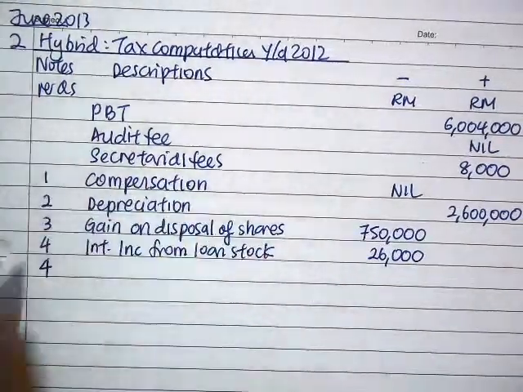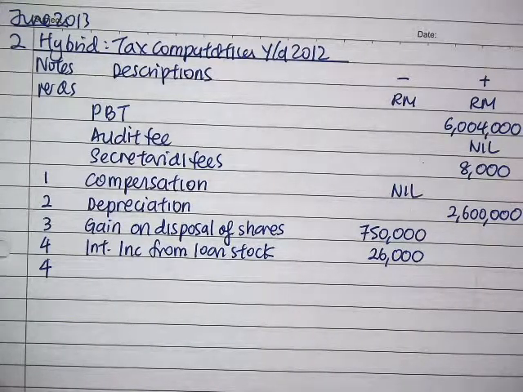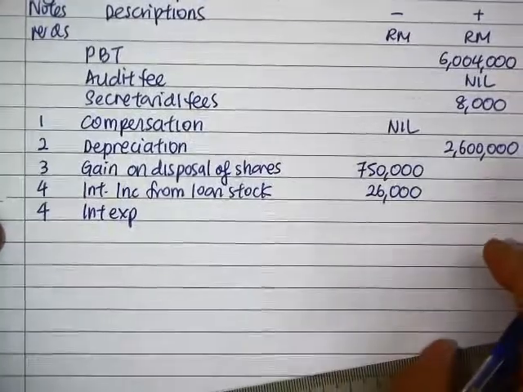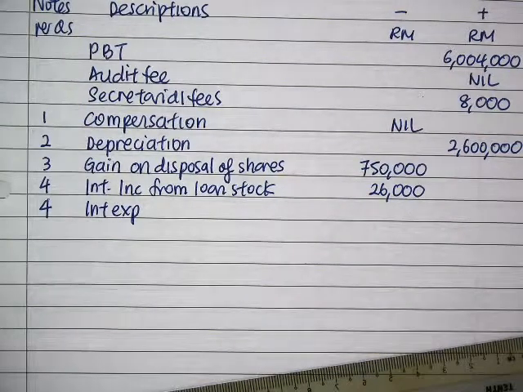Then note 4 again. So what's this note 4 right now? Interest expense. And what did you all learn about interest expense when we covered deduction? We said the deduction for interest depends on how you utilize the loan. If you recall the example I gave in the notes, there's this guy that takes a loan, he buys a machine, he buys a shop house.